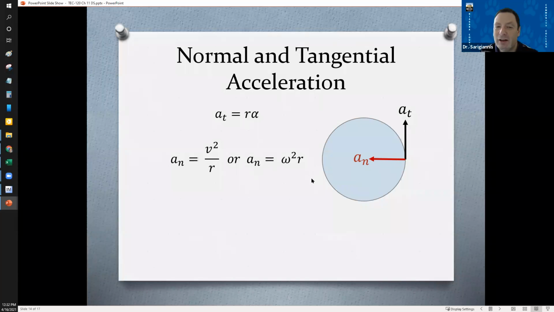This tells us that for a given circular motion, you're always going to have a normal component because that only depends on angular velocity. As long as you're turning around and around, you've got an angular velocity, and you have a normal component of acceleration. An acceleration is a change in velocity.